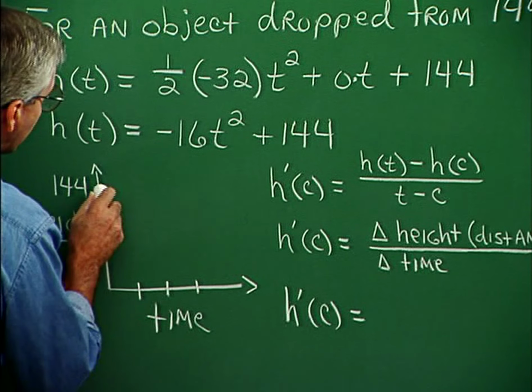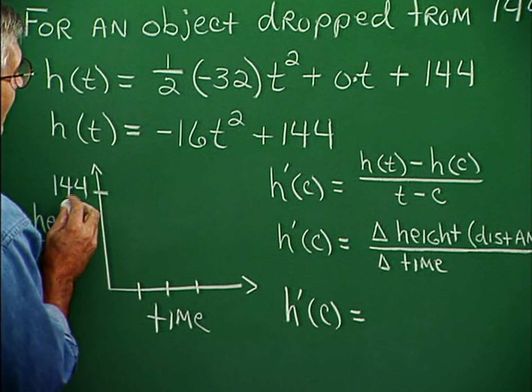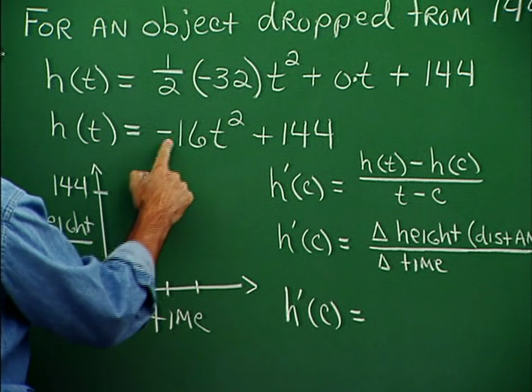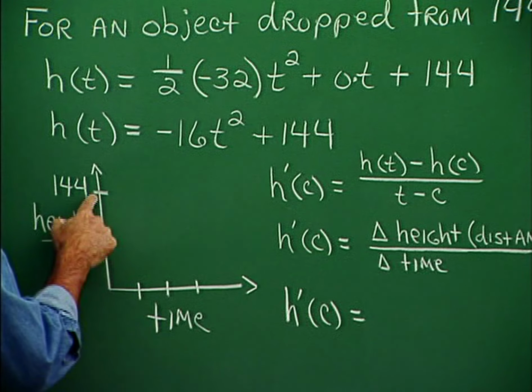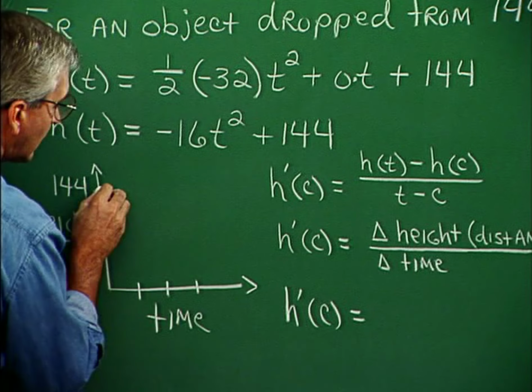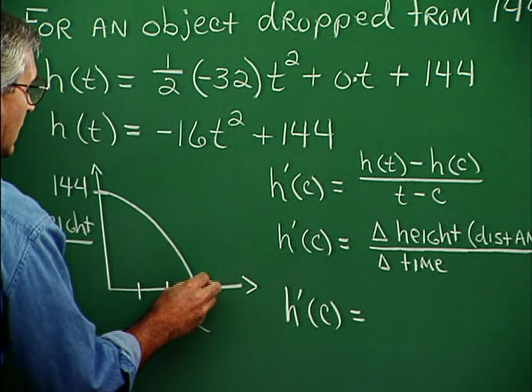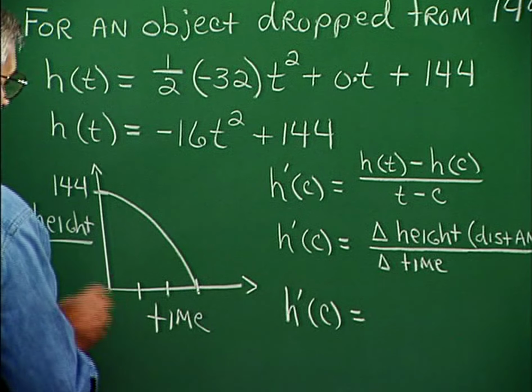So the graph might look something like this. I know it's a parabolic curve that's opening downward, and it has a vertex at this point, so it maybe looks like this. All right, good. Now, height and time.